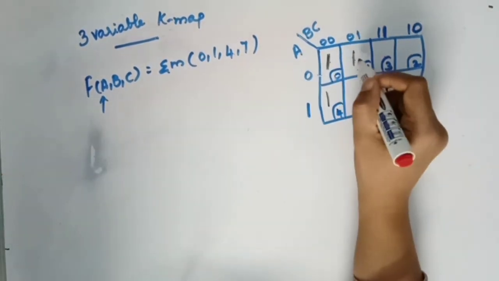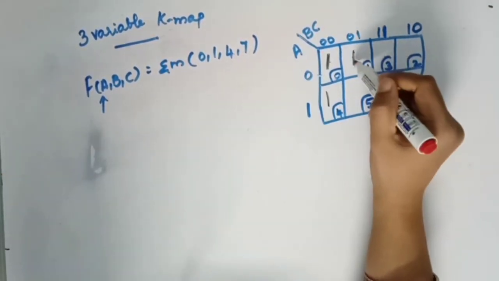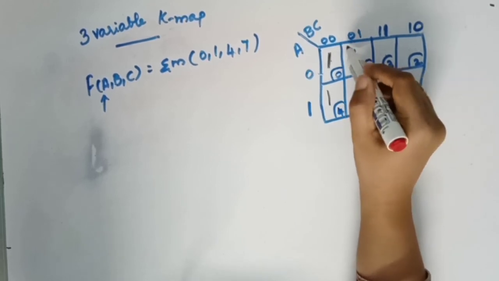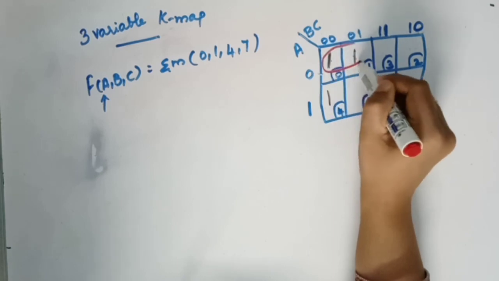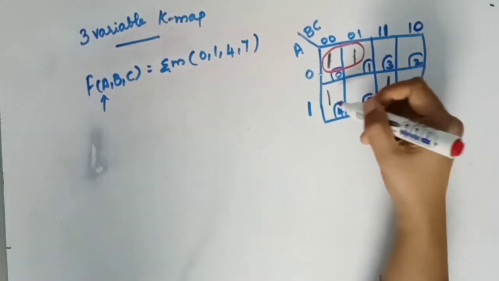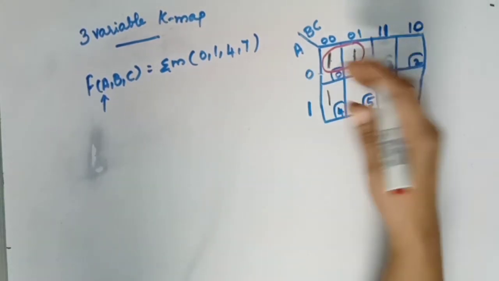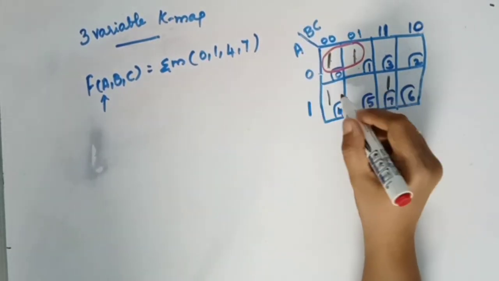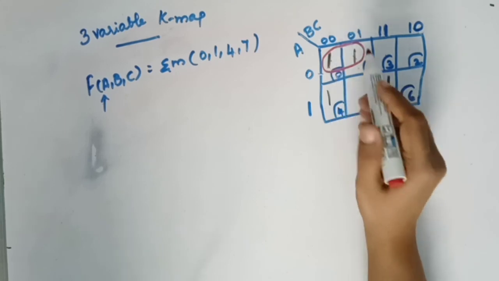So here, in order to group this one, you have to group it like this. In order to group this one, you don't have any other, you don't have a 1 here, so you can't group it like that. So you need this one to group.